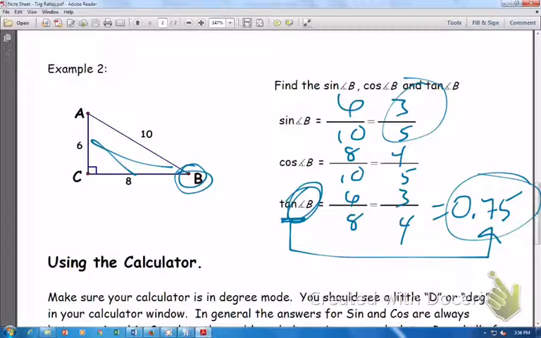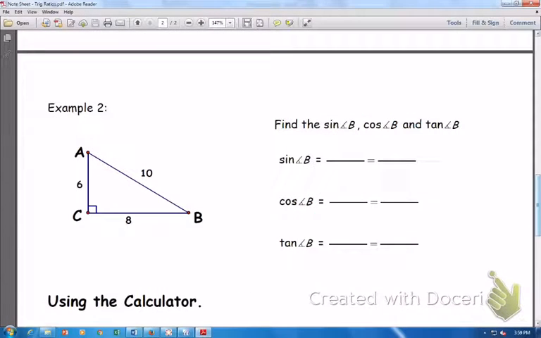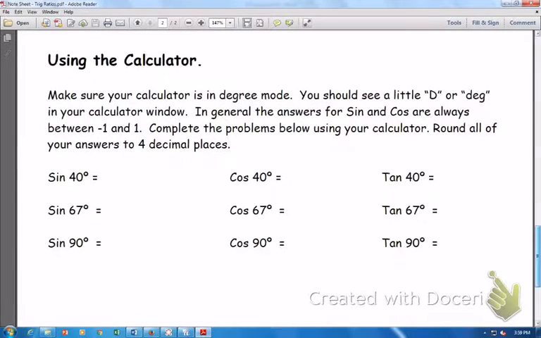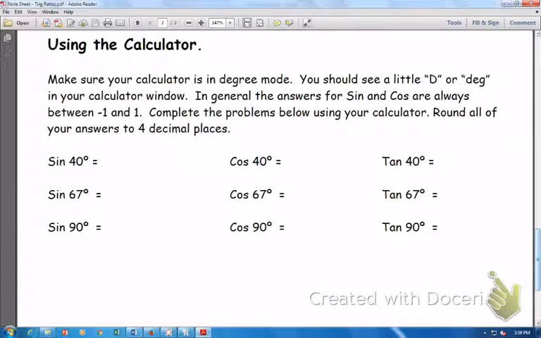So for every angle measure, tangent has one value. Sine has one value. Cosine has one value. Which means that the values of sine, cosine, and tangent are very predictable if we have the angle measure. So much so that your calculator will tell you what those values are.